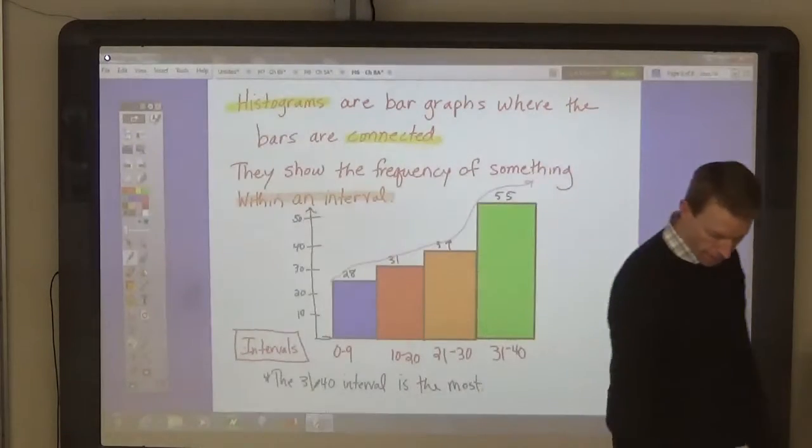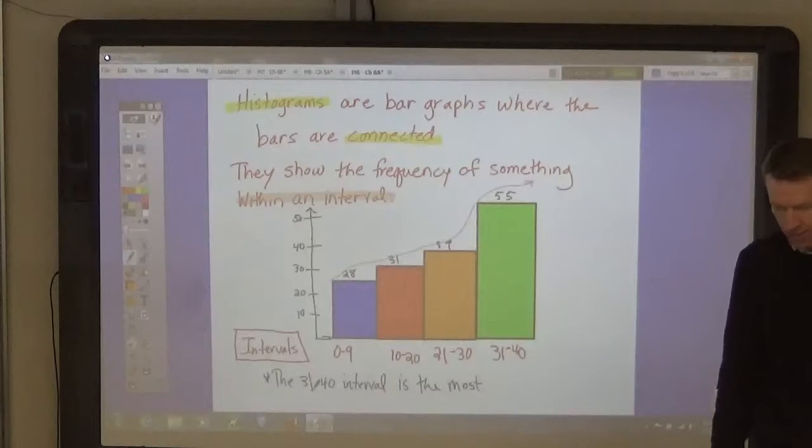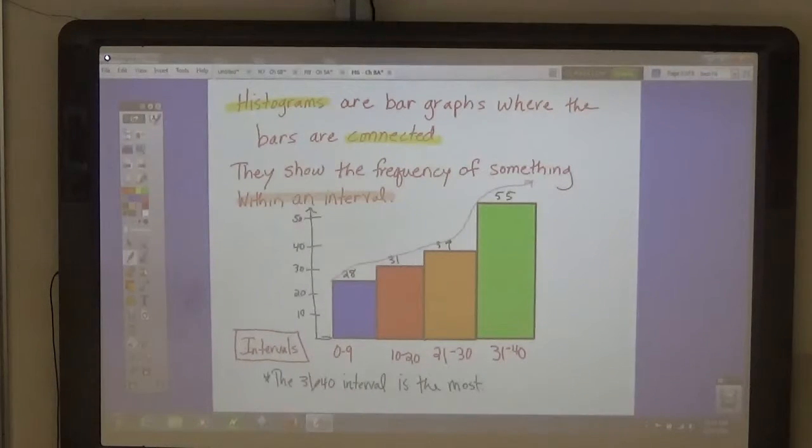How many are in the 5 to 9 range? How many are in the 5 to 9 range, Alex? Three? There's 1, 2. 2 in the 5 to 9 range. How many are in the 10 to 14 range? Lindsay?